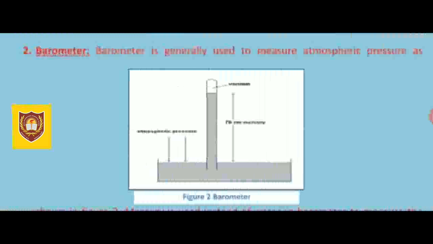Barometer. A barometer is an instrument used to measure atmospheric pressure. The air has a weight which presses against everything it touches as gravity pulls it to the earth.